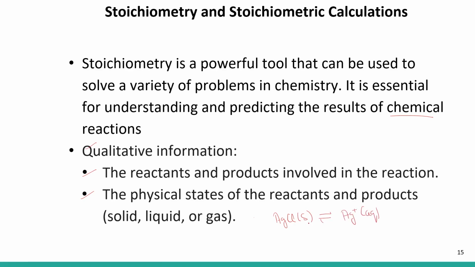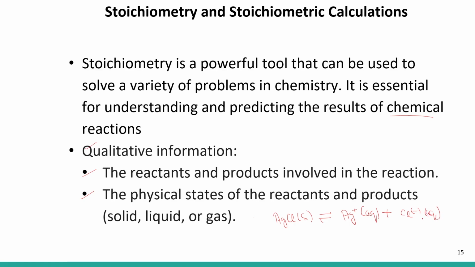Since this salt is partially soluble in water, it is a sparingly soluble salt. So this salt will dissociate partially and an equilibrium will establish between both of them. Equilibrium, you can think of as a state where there is no change in the reactant or product composition. So you will get Ag plus aqueous and Cl minus aqueous.